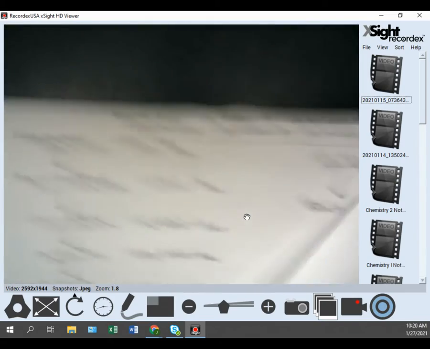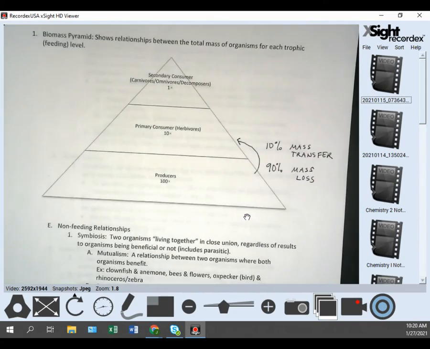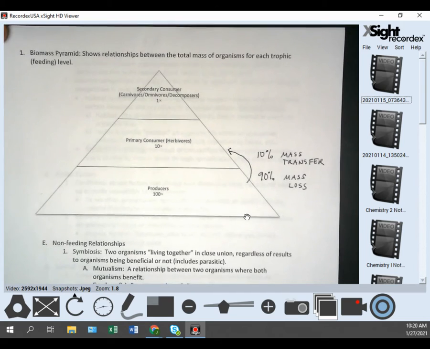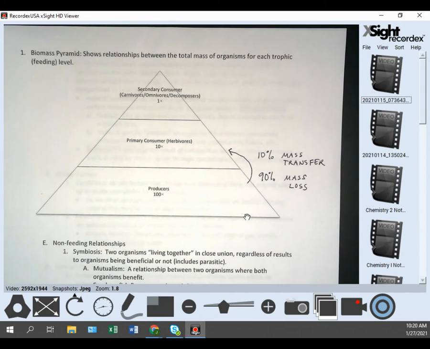So what this means is, if you were to eat a 5 pound chicken, you don't gain 5 pounds. You would gain somewhere around 0.5 pounds.